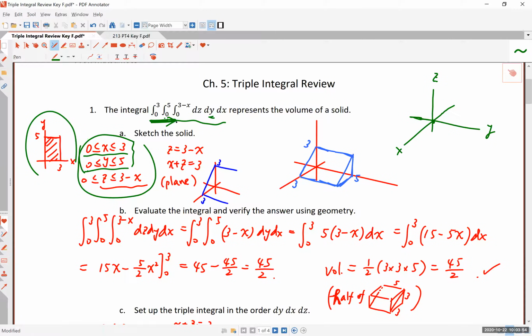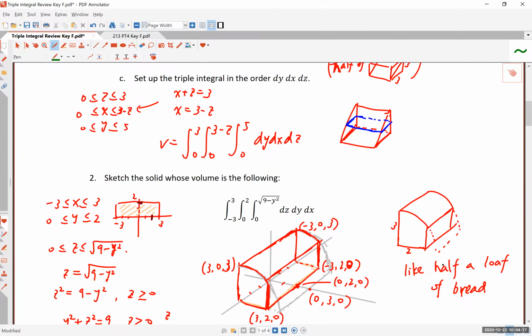Then when you get to the bounds for z, it goes from 0 to 3 minus x. This is also nice because 0 is less than or equal to z, which tells me that everything is taking place above the xy plane, which I call the floor.